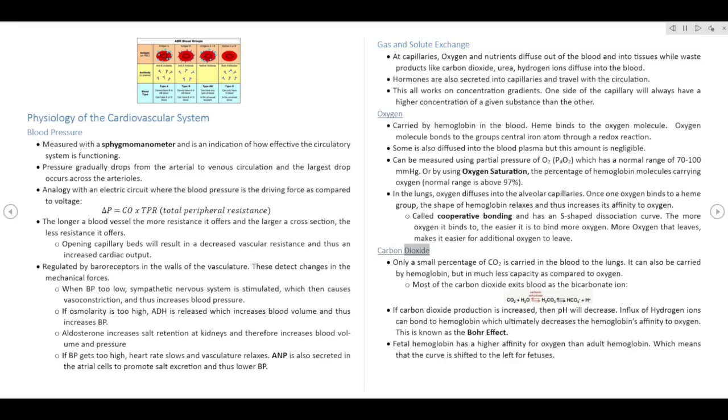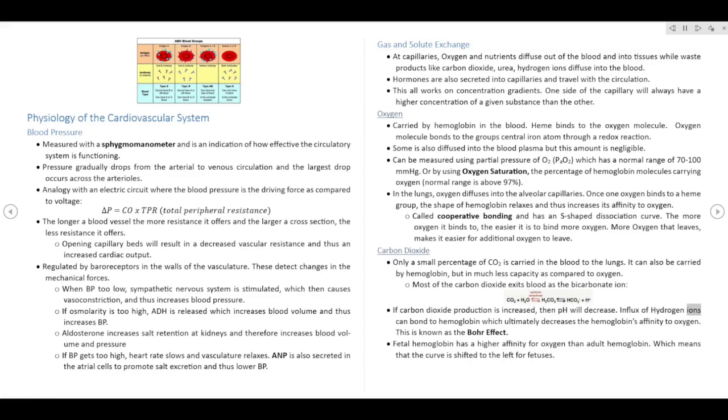Carbon dioxide. Only a small percentage of CO2 is carried in the blood to the lungs. It can also be carried by hemoglobin, but in much less capacity as compared to oxygen. Most of the carbon dioxide exits blood as the bicarbonate ion. If carbon dioxide production is increased, then pH will decrease.